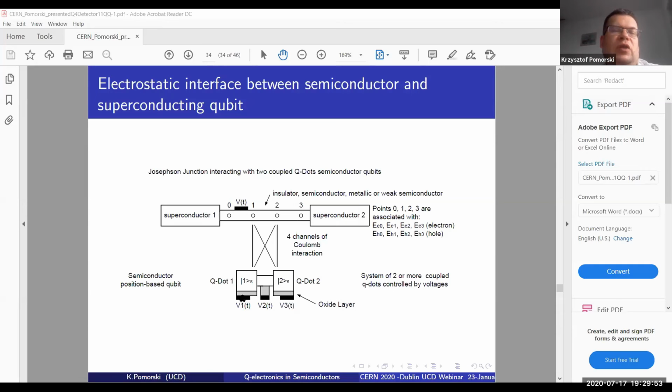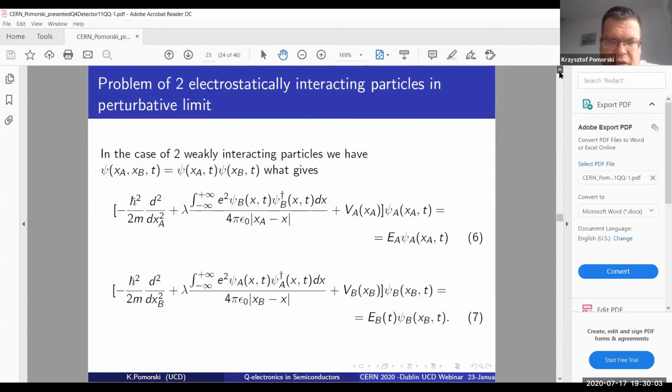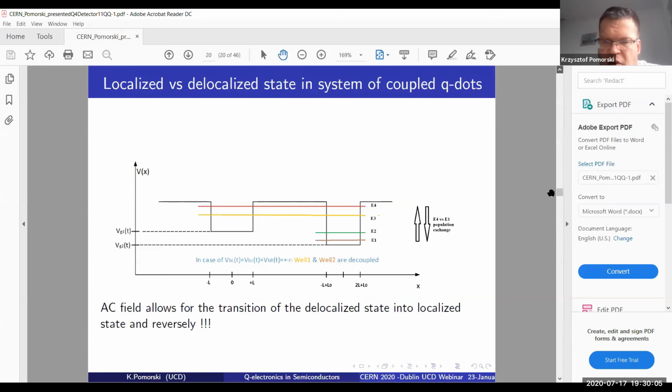So if you have the localized state, just to give you this description, the localized state corresponds to occupancy of energy levels 1 and 2 here. If you populate two energy levels, there will be some oscillations, but just in the range of this one value of potential.